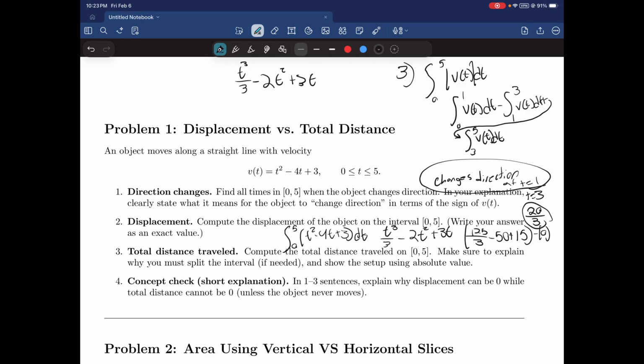Then let's plug in f of 1, so 1/3 minus, then f of 0 is just 0, so 4/3.